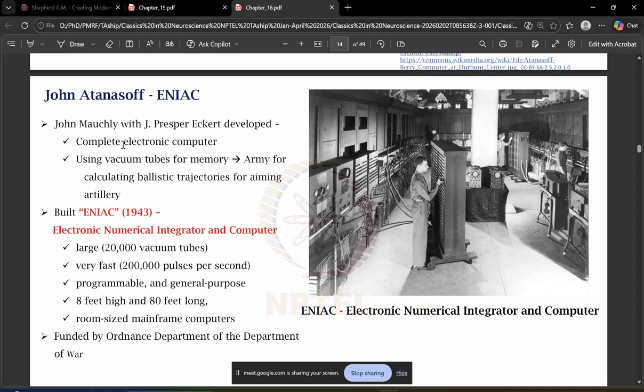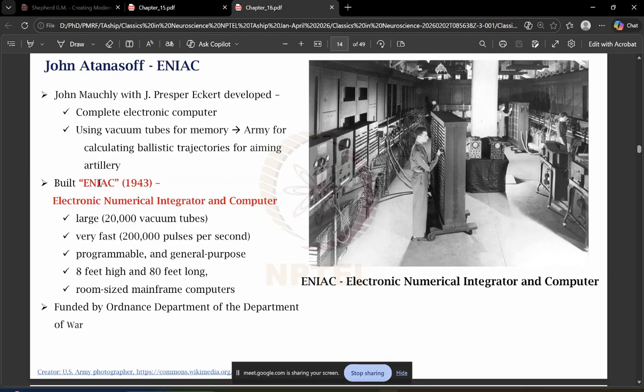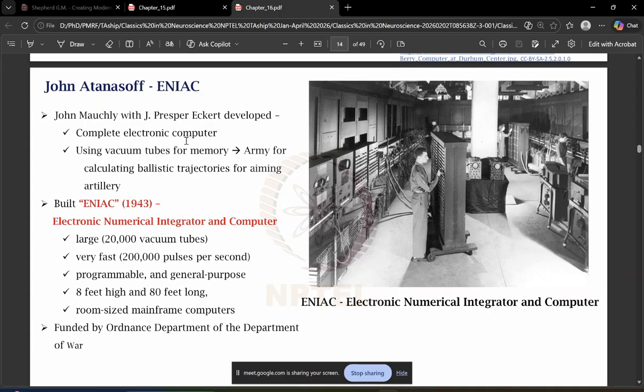They said that this complete electronic computer might be useful for example for calculating the trajectory of bullets and so on. John Mauchly and Eckert together built this device called ENIAC, or the Electronic Numerical Integrator and Computer. But they finished it only in 1943, so it was not actually extremely useful for the war because it was built a little later.